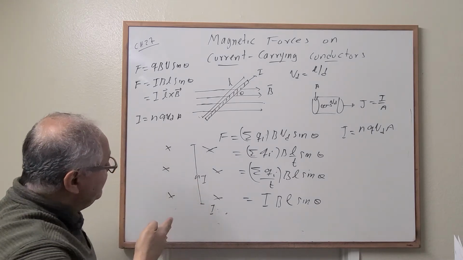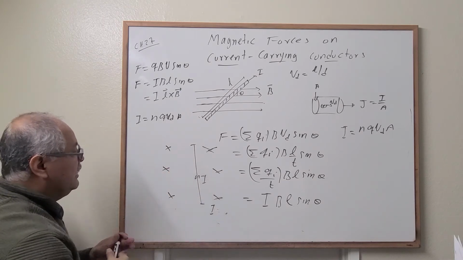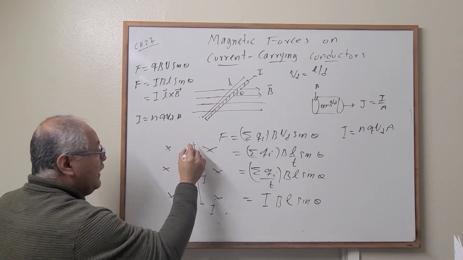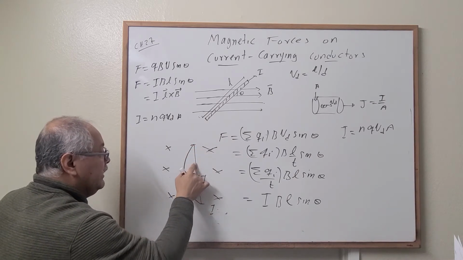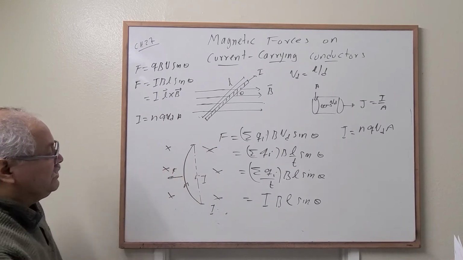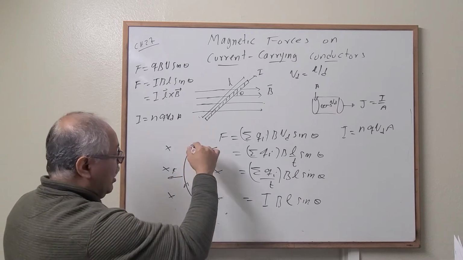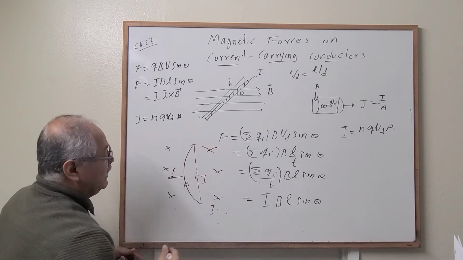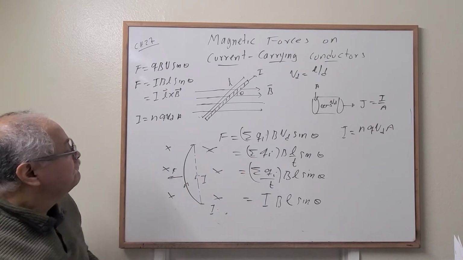In this case, we have this is the direction of the magnetic field, and the direction of the current. So the force acting on this wire is going to be in this direction. Correct? If the current goes in the opposite direction, the force acts in the opposite direction.